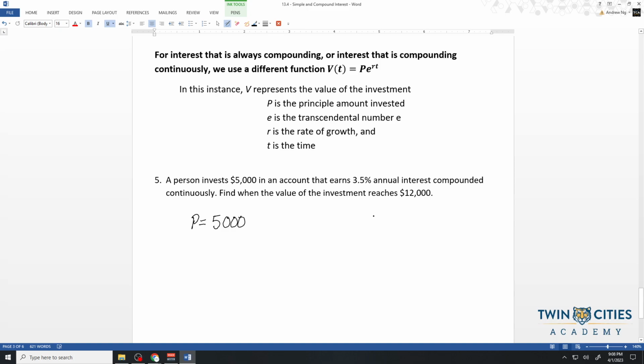All right, we don't need anything for E. R is the rate. So R is 3.5%. So I'll say R is 3.5 divided by 100, which is going to be 0.035.